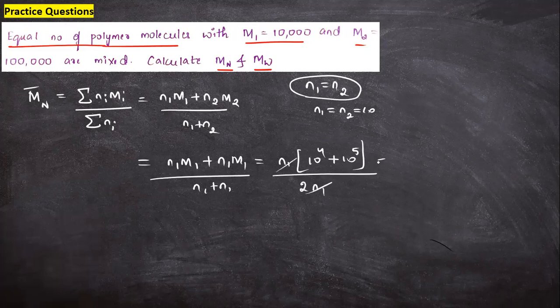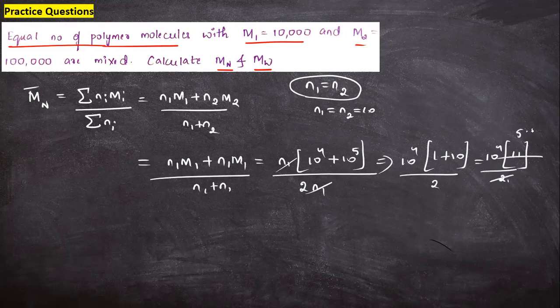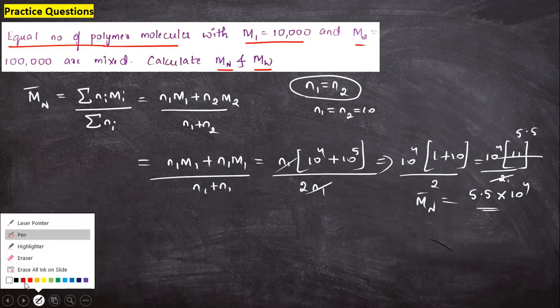N1 cancels, so take 10 raised to 4 common. It will be 1 plus 10, that is 11, divided by 2. So the value is 5.5 into 10 raised to 4.